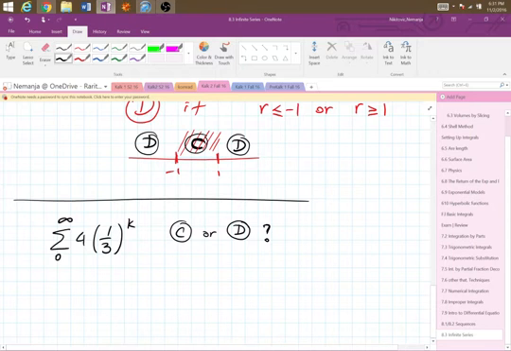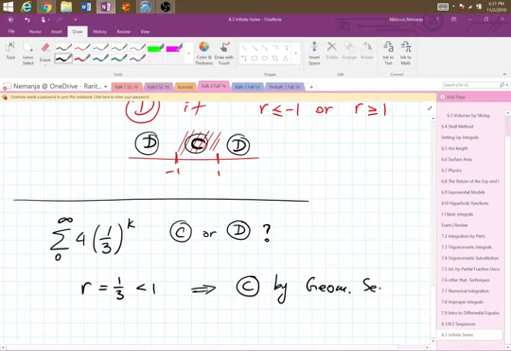Converge. Why? It's a very simple answer. r is equal to 1/3, which is less than 1 and more than -1. Therefore, it's in our convergent interval, therefore converges by geometric series test.